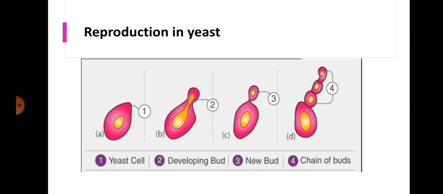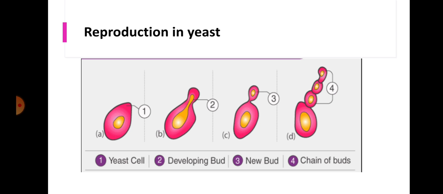Keep the container in a warm place. After an hour, put a drop of this liquid on a glass slide and observe it under a microscope. What do you see? We see the formation of a new yeast cell.